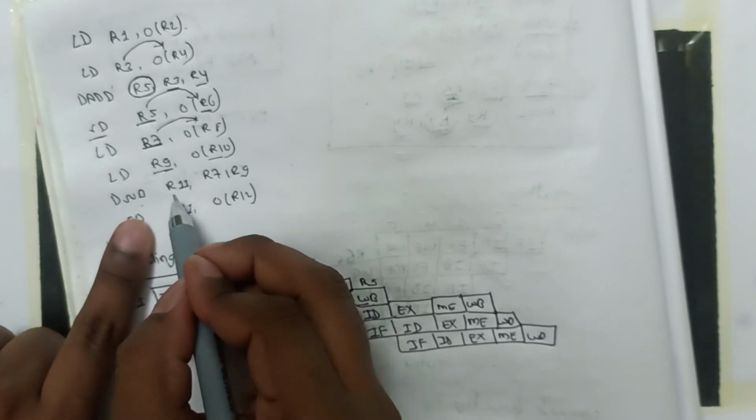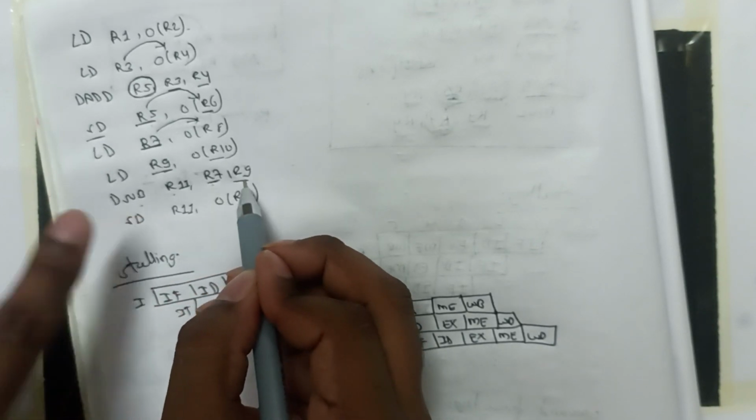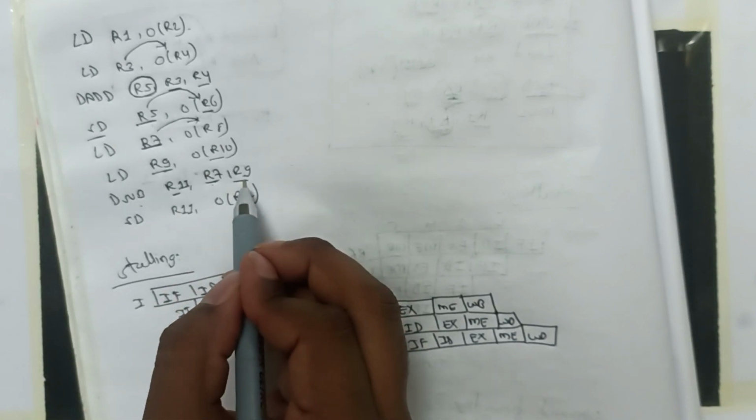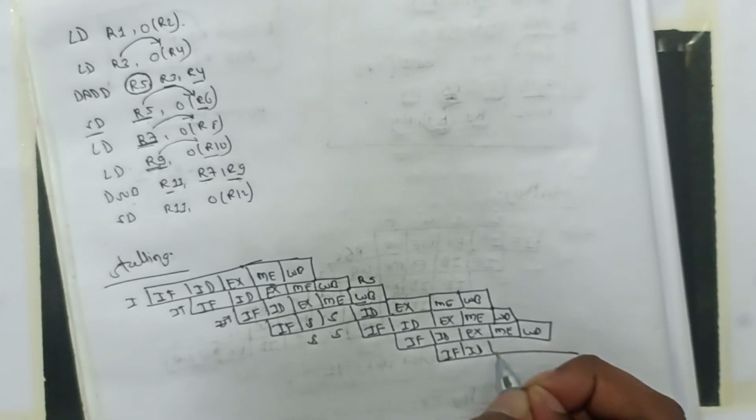Subtract R11 R7 R9. It means subtract R9 from R7 and store in R11. Are R7 and R9 dependent? No, because in the load this value is stored, not updated, so no. Put IF ID EX MEM WB.